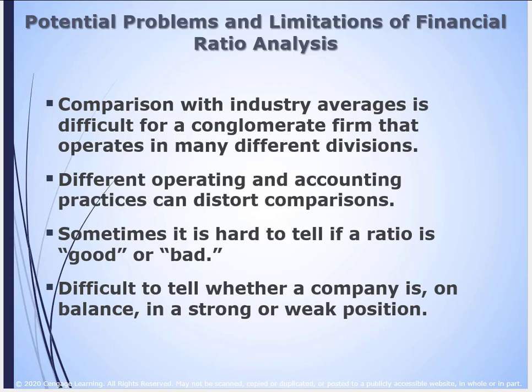Sometimes it's hard to tell whether a ratio is good or bad, right? We have to understand the relationships inside the company, and what the ratios are really telling us. It's difficult to tell whether the company is on balance in a very strong or weak position because they have so much data that talks about so many different things.